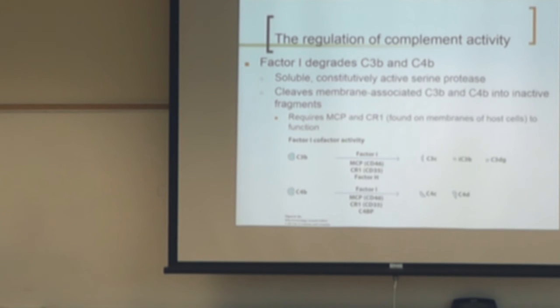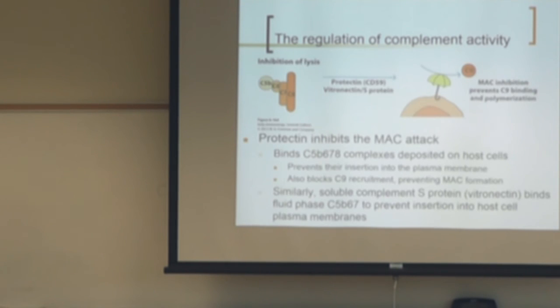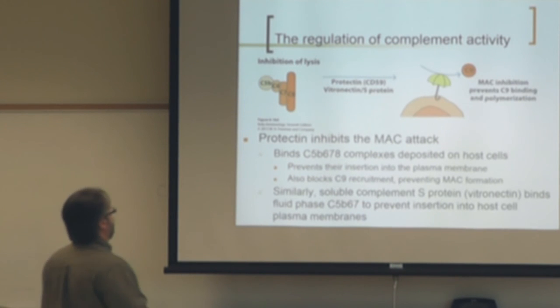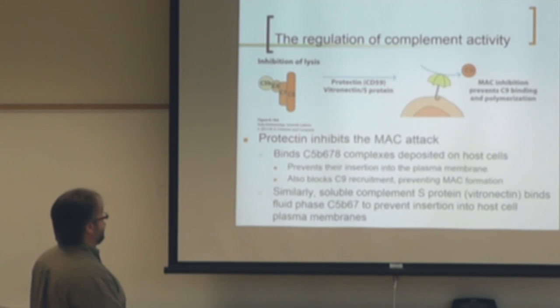Factor I degrades C3b, and so it breaks them down. So we're also going to take these and chew them up even more. Or we're going to have things that are called protectins, aptly named.